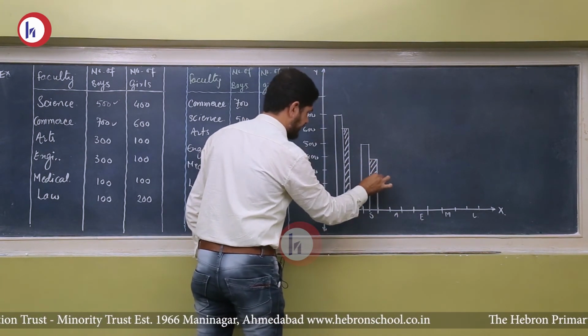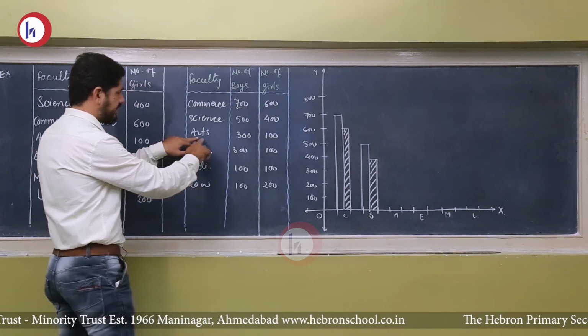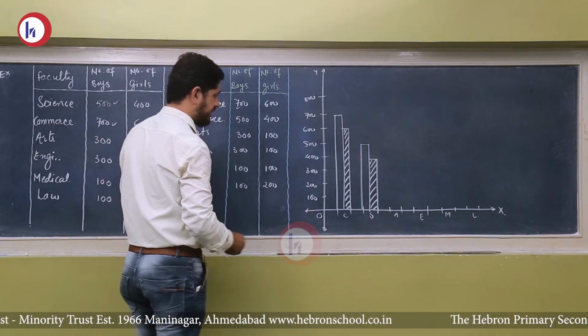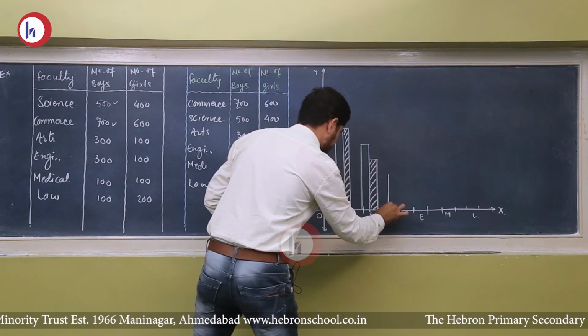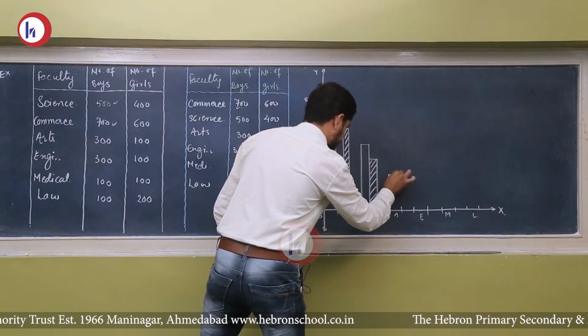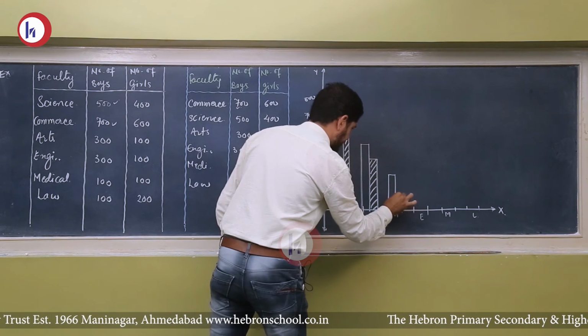So again we can divide them into boys and girls. In arts there are 300 for the half block and 100 for the remaining block.